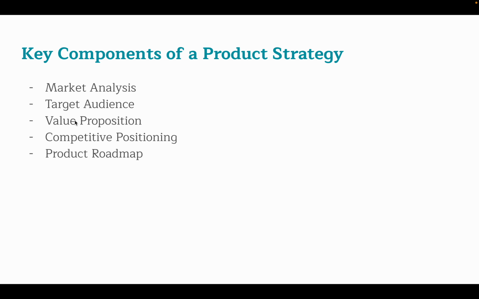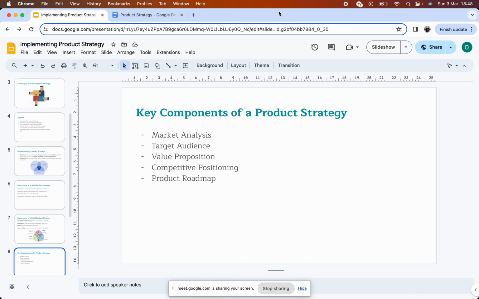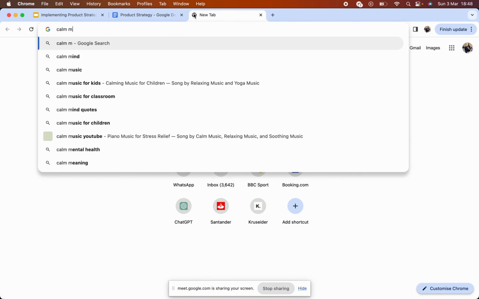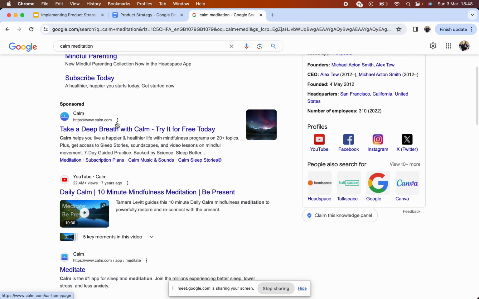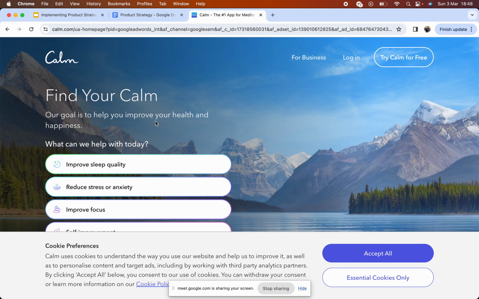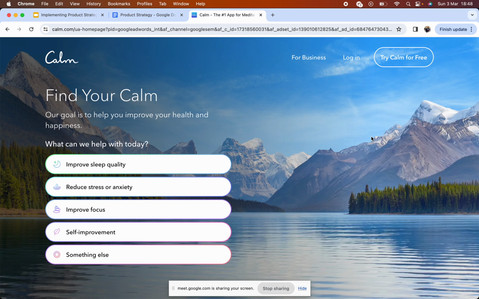And then you need to understand a value proposition. A value proposition is, what are we doing? I'm going to give an example. There's a platform called Calm Meditation. Again, you could see this is a product.